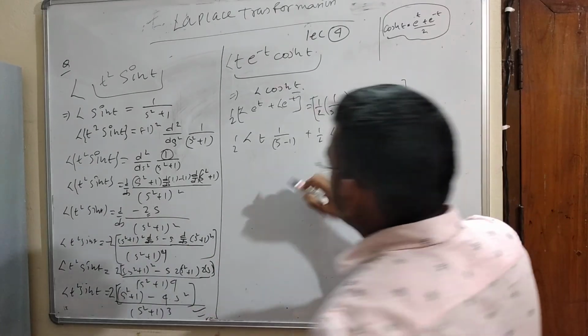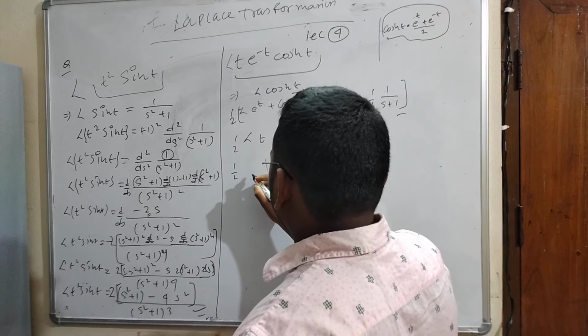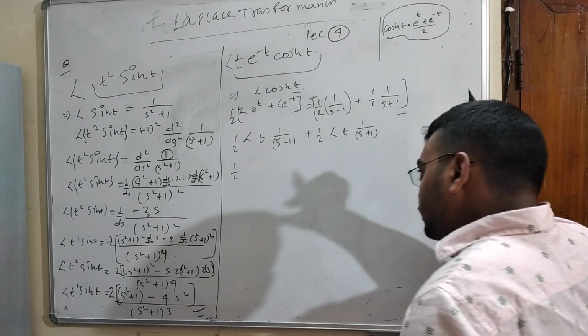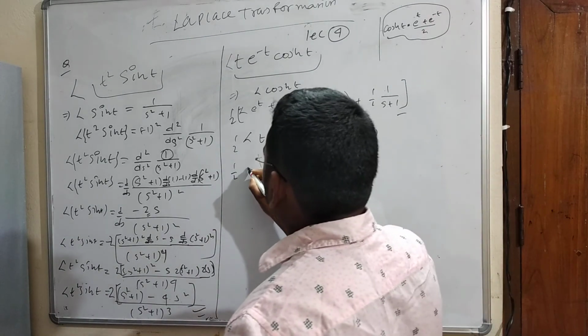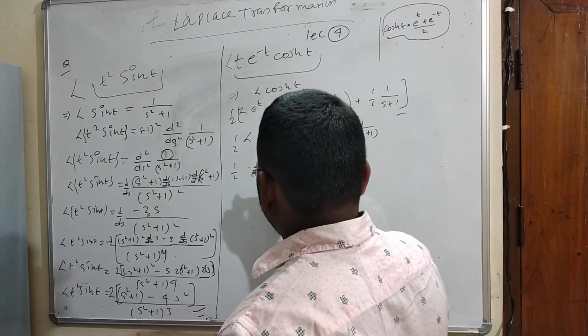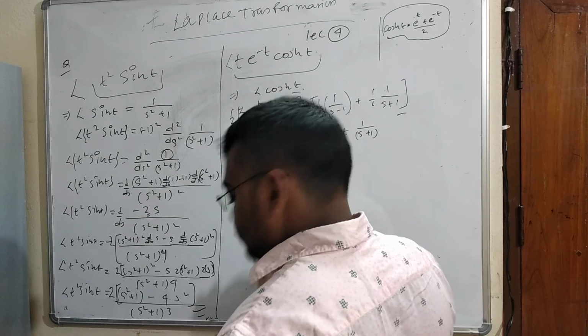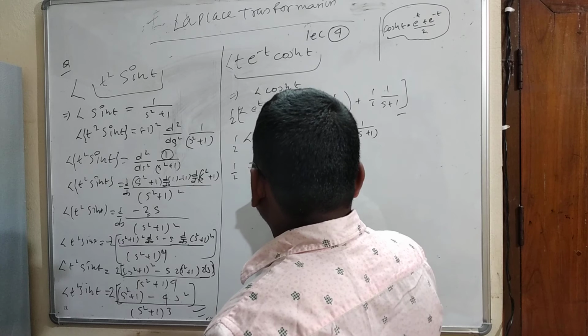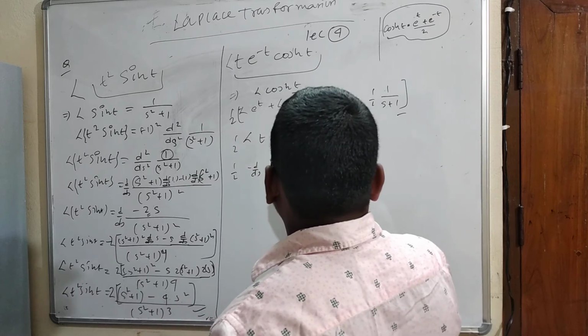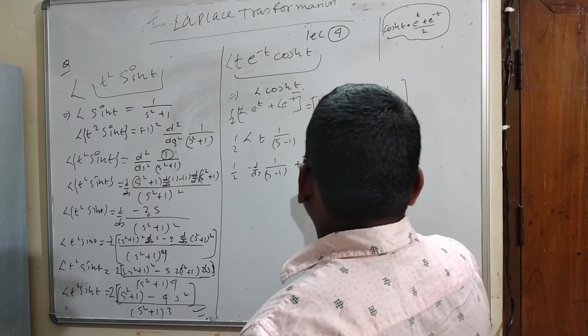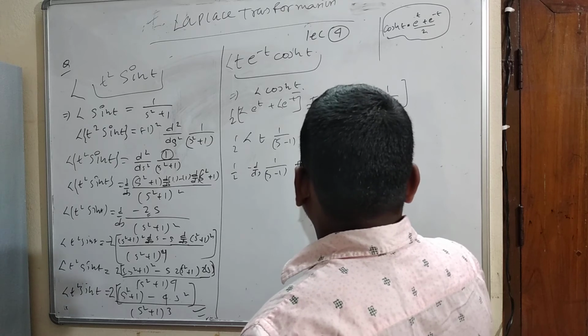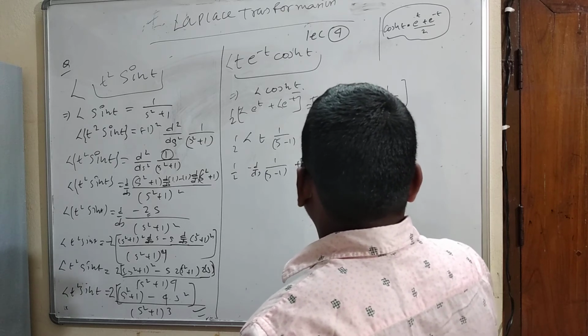If you go through the multiplication property, it will be what? It will be minus d upon ds of 1 upon s minus 1, plus 1 by 2 times minus d upon ds of 1 upon s plus 1.